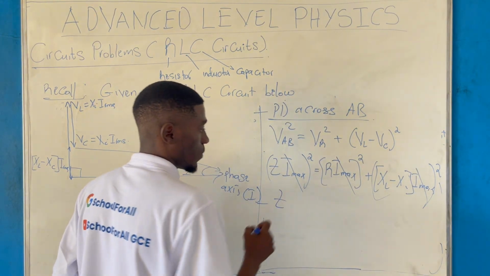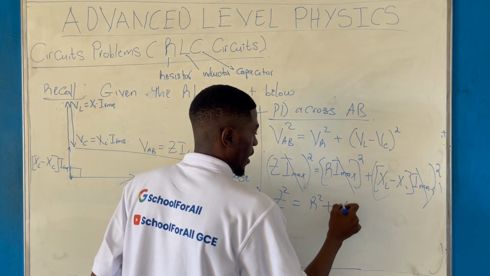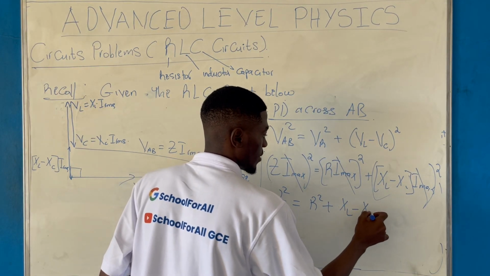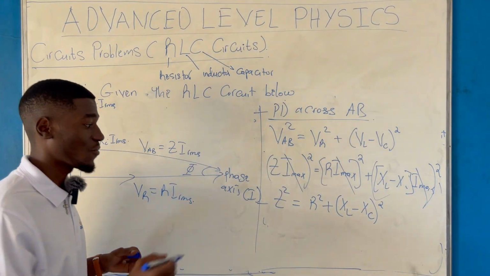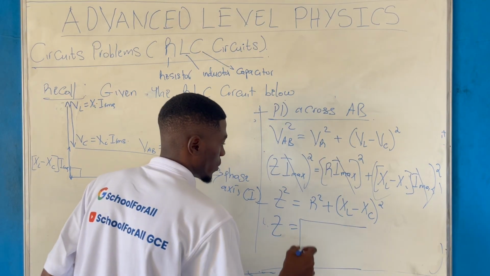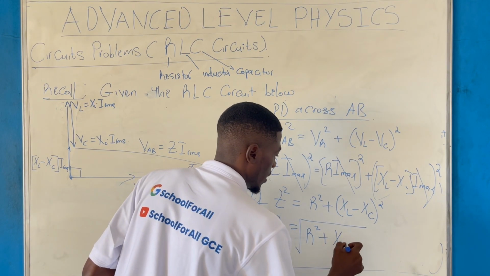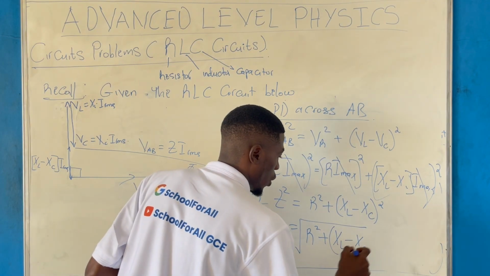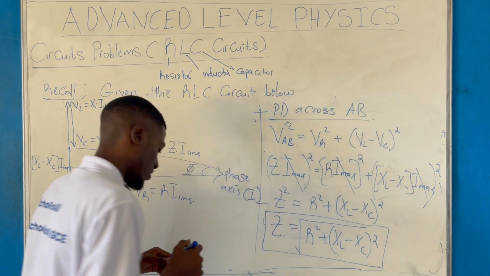So I'll be left with Z squared equals R squared plus XL minus XC all squared. You see how the impedance is coming out? Therefore, my impedance is simply equal to the square root of R squared plus XL minus XC all squared. So this is the value of the impedance of the circuit.